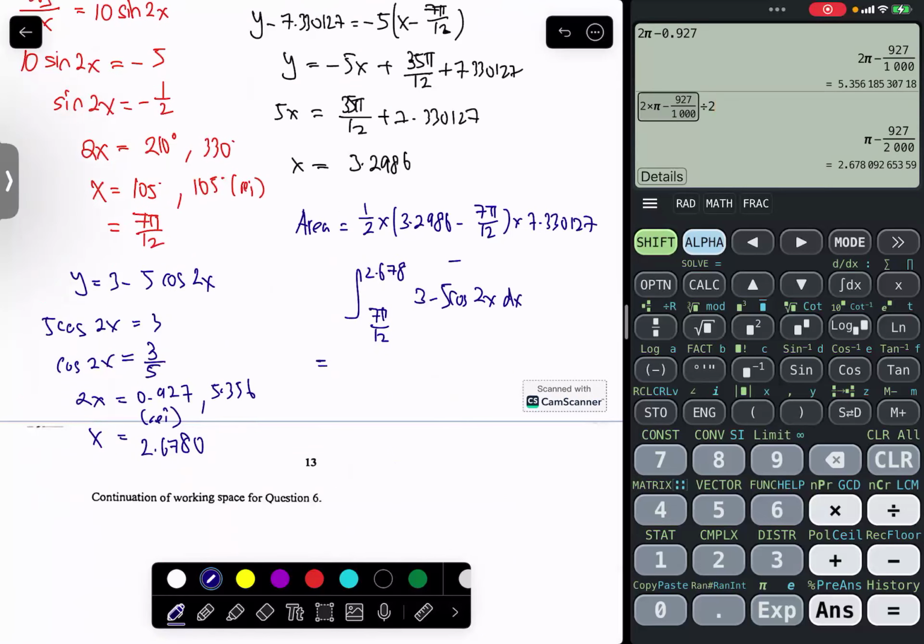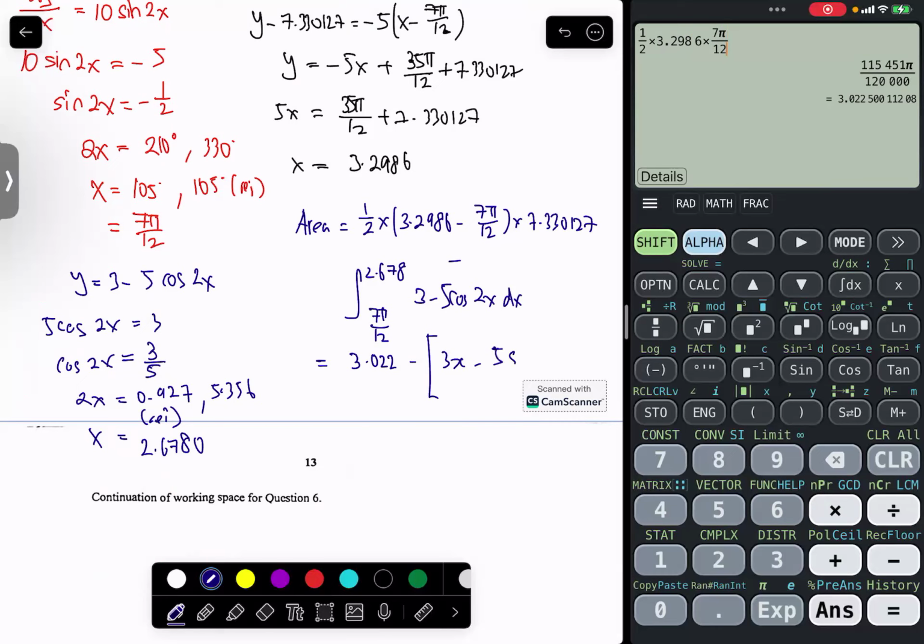Let's calculate the area of triangle first: half times 3.2986 times bracket 7 pi over 12, so we have 3.022, minus the integral. Bracket 3x minus, integrate cosine gets sine, so 5 sine 2x over 2, subbing in 2.678 and 7 pi over 12.